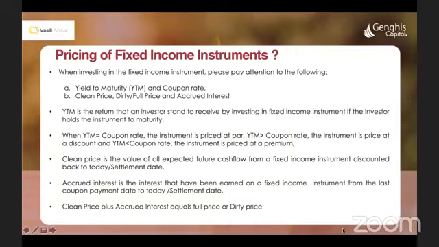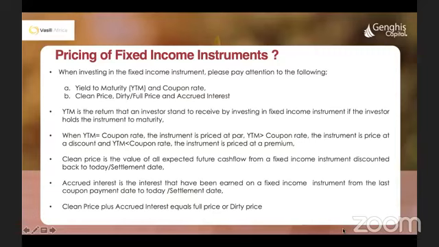When yield to maturity, which we are calling YTM, is equal to the coupon rate. For example, I'm buying a 5-year bond that has a coupon of 12%, and I'm also bidding at 12%, which means the return that I stand to get is 12%. I'm also going to get interest income at 12%.